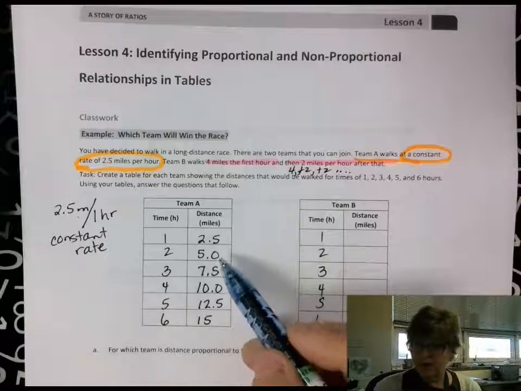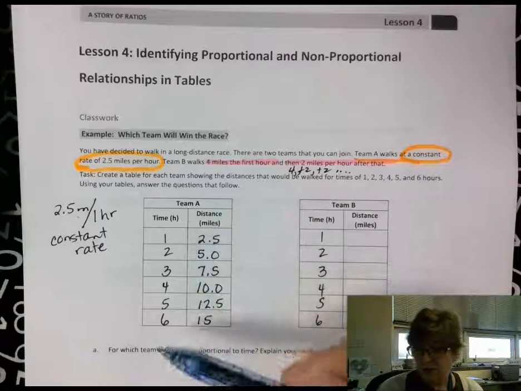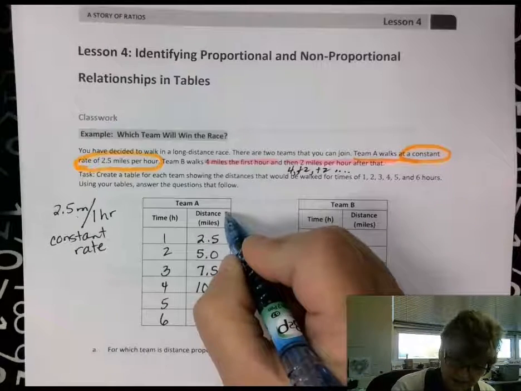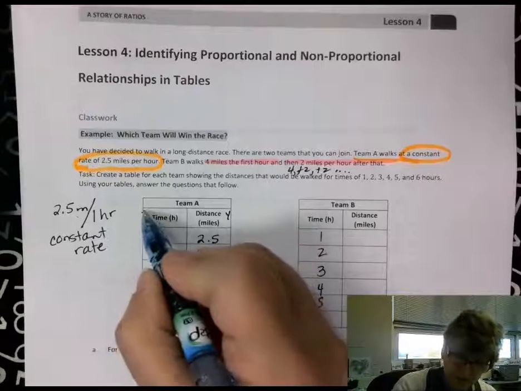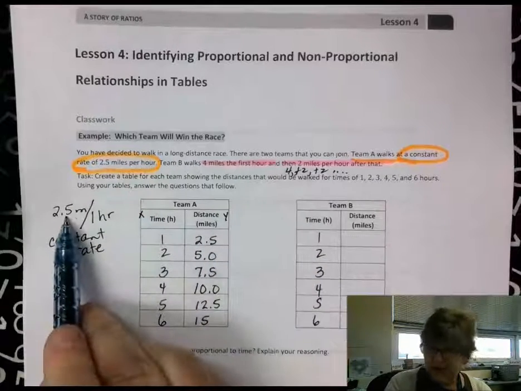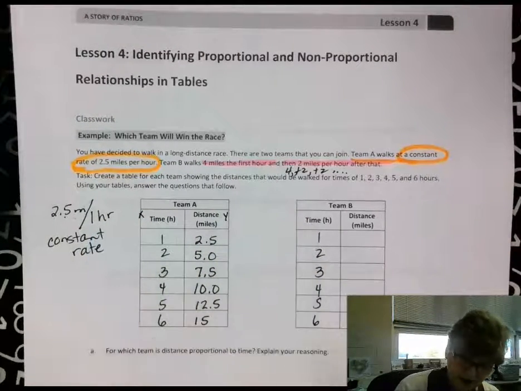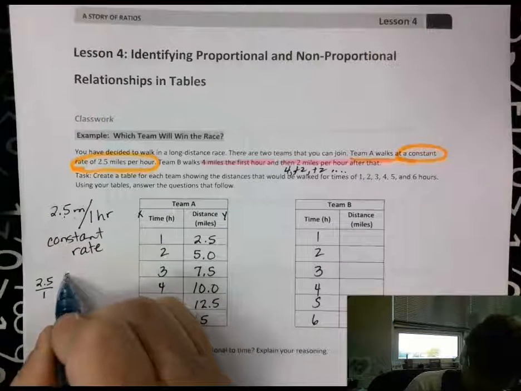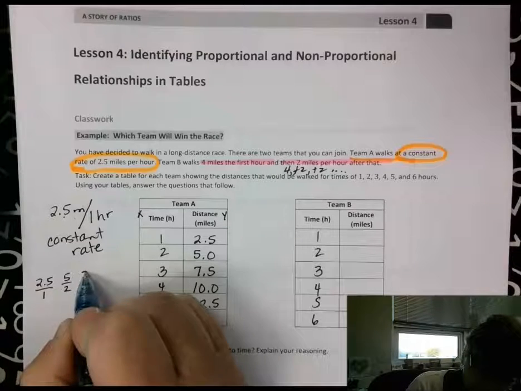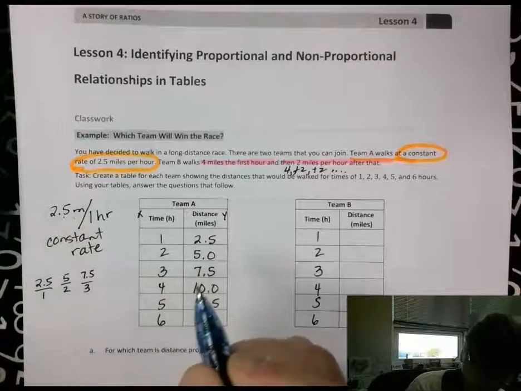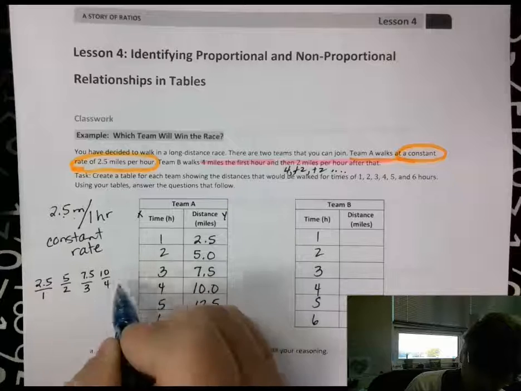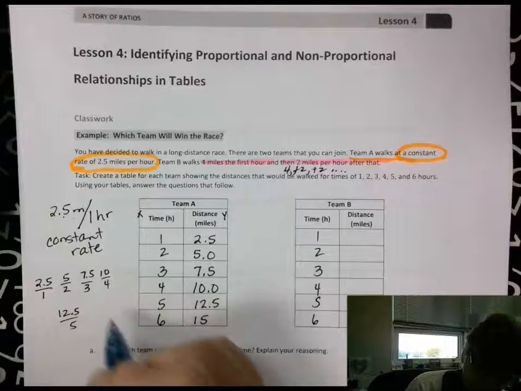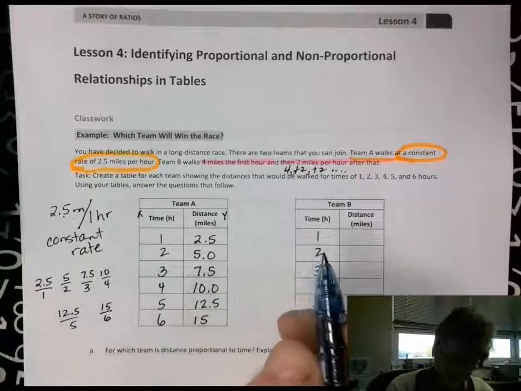Now, if we take a look at this, the way we can double check our constant rate, or to find if there is a constant rate, is to set up a ratio of our distance to our time, just like it is here, the distance over the time. So I have 2.5 to 1, and 5 to 2, and 7.5 to 3, 10 to 4, 12.5 to 5, and 15 to 6.